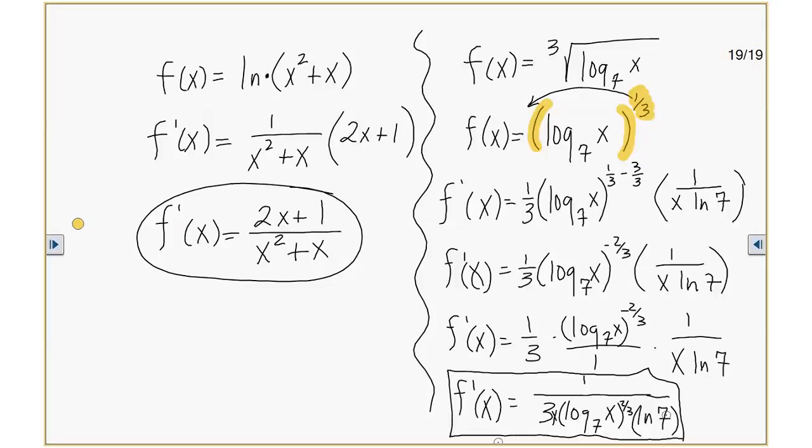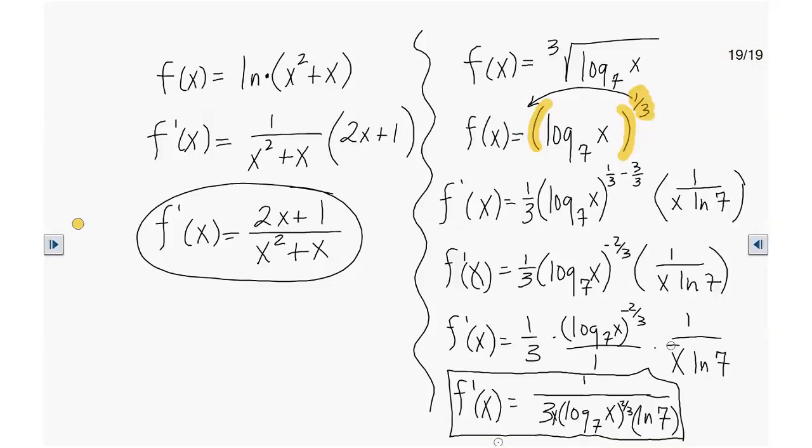You could make that the third root of log base 7 of x to the second power. Is it 3x because on the third, 3x, I brought this over here. Okay. Right there.